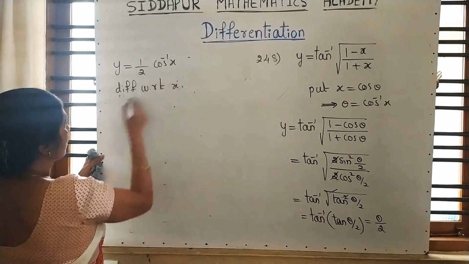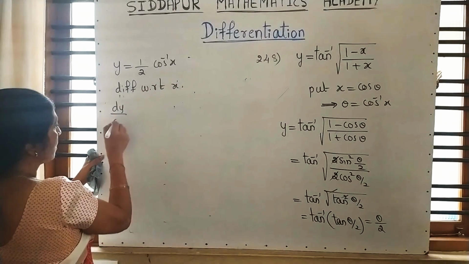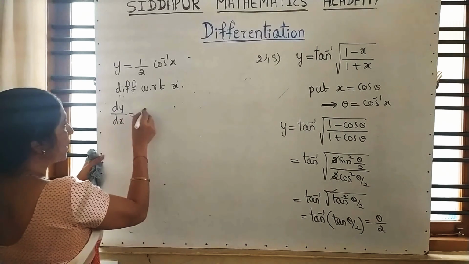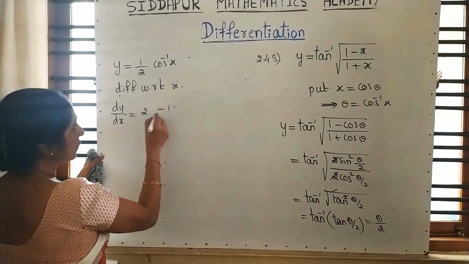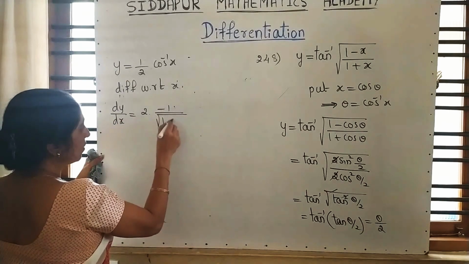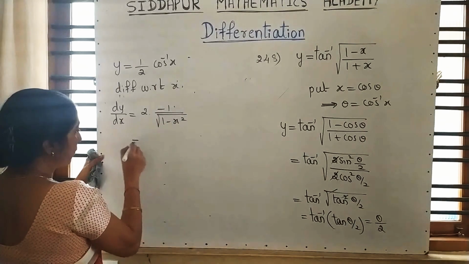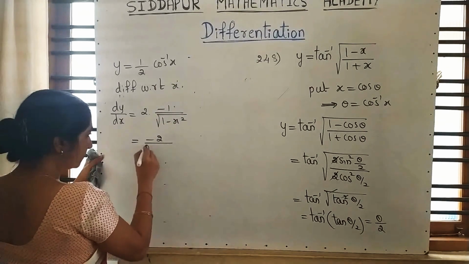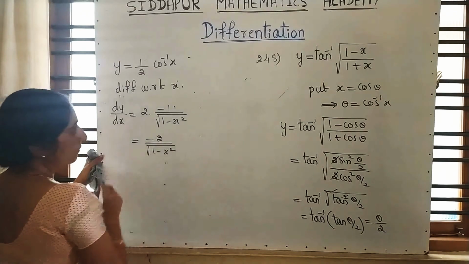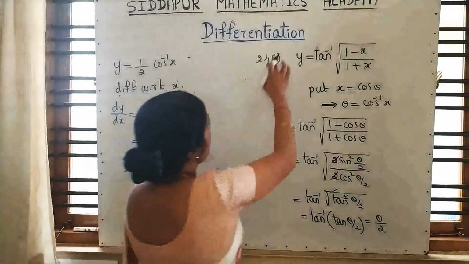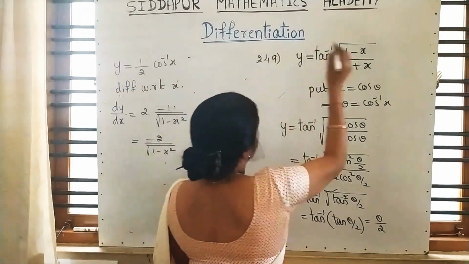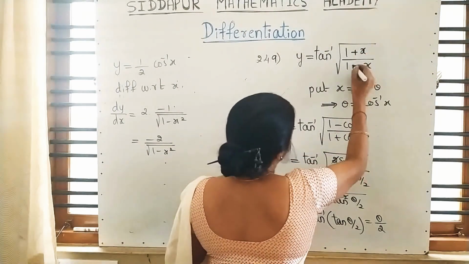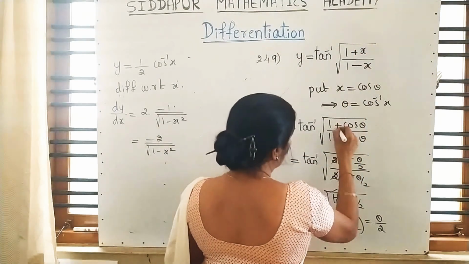Differentiating with respect to x. dy upon dx, 1 by 2 as it is. Differentiation of cos inverse x is minus 1 upon root of 1 minus x square, or you can write it like this. Moving to the next question, question number 249. Here I just did the interchange of sign.